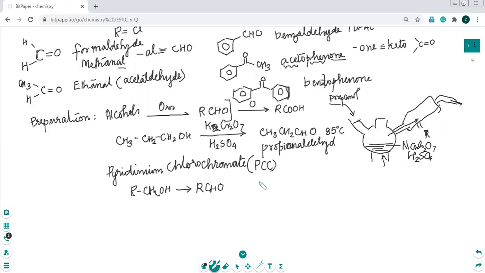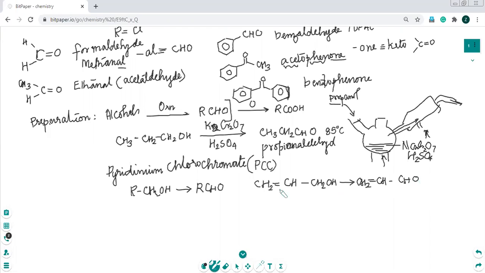Another example: CH2=CH-CH2OH. If you want to oxidize this, you will get the compound CH2=CH-CHO.